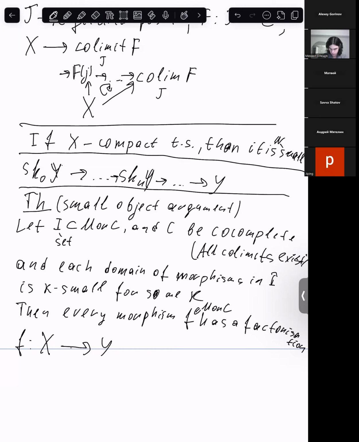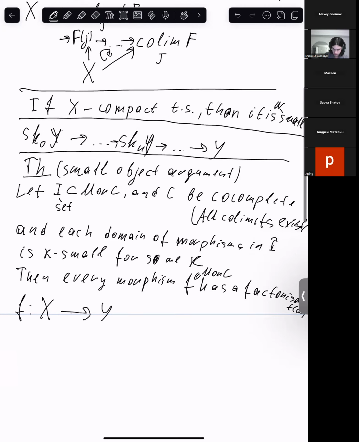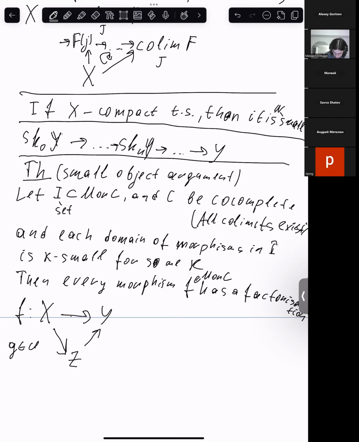So every morphism F in our category C has a factorization of the type F equals Q after G, where G is a relative cell complex inclusion, and Q has the right lifting property against all morphisms in I. This is the small object argument.